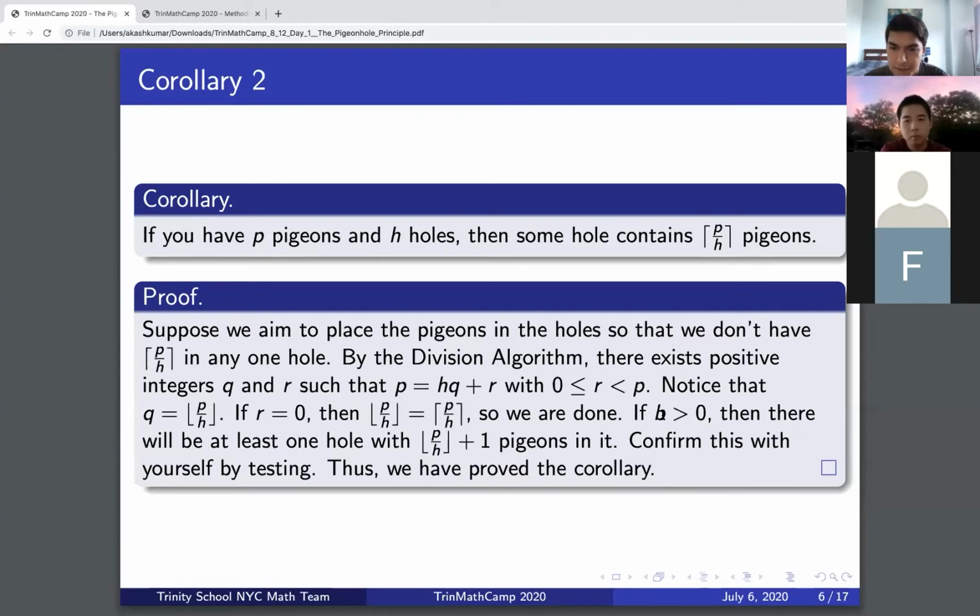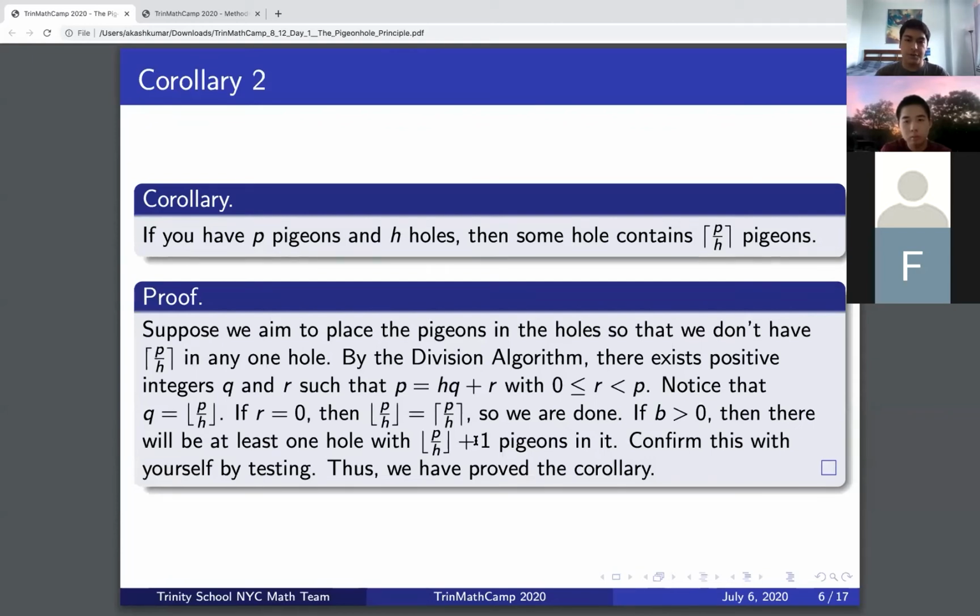Now, sorry for the typo, this should say R. If R is greater than 0, if the remainder is greater than 0, then there's at least one hole with the floor of P over H plus 1 pigeons in it. And this is actually equal to the ceiling. Again, we can do a numerical example. Let's say you take 3.4.